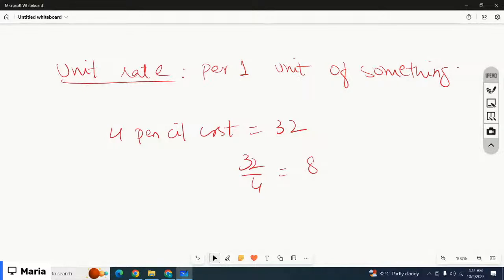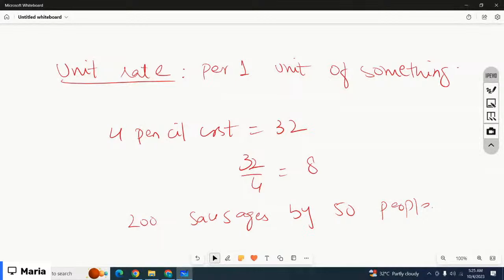Okay, for example, 200 sausages were eaten by 50 people. You need to find how much sausage a single person eats, or you need to calculate this unit rate.